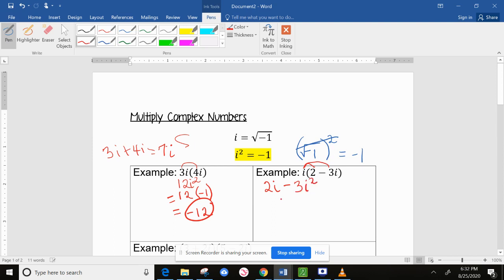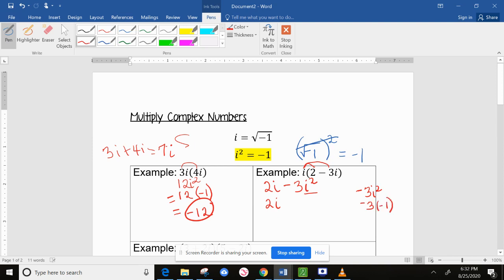We always want to look and make sure we can't clean anything up, and we can. Anytime you see an i squared, you need to be looking for that and know how to fix it. So I actually want to look at this whole entire term here. I want to look at -3i squared because I need to view it in that way to make a little sense. i squared is equal to -1.